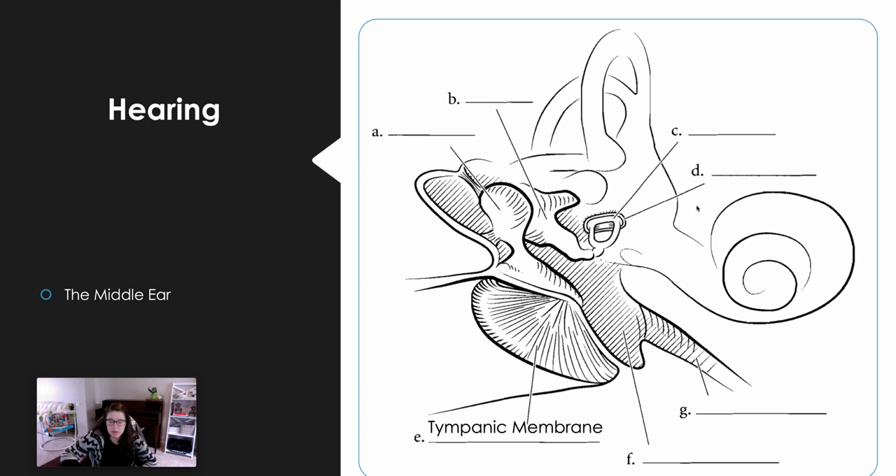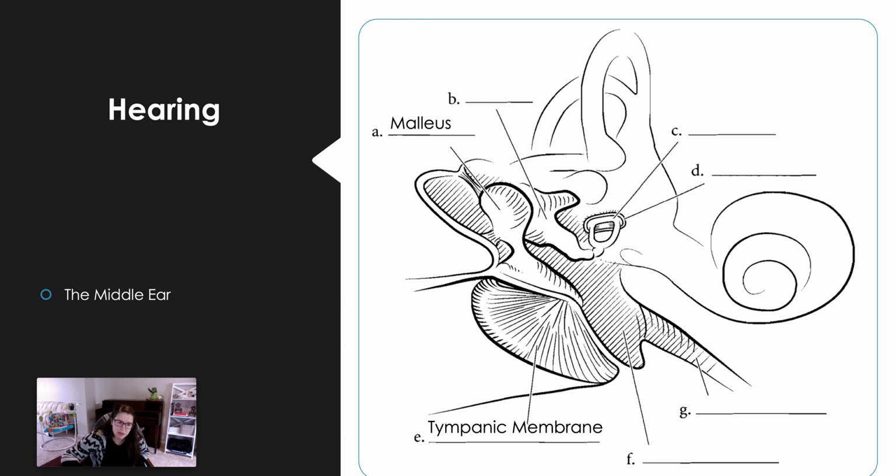This portion in the background, that white outline, is the inner ear. So we're not focusing on that right now. Sound waves enter in, they hit the tympanic membrane, and they're going to hit this first bone here called the malleus.